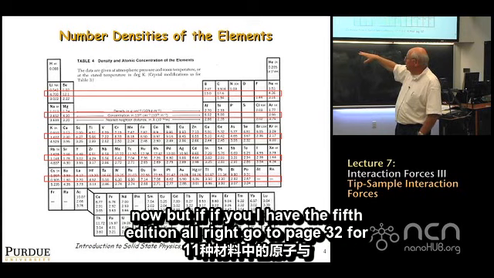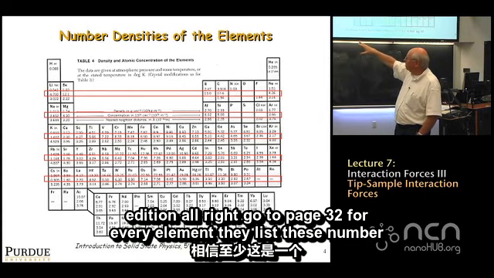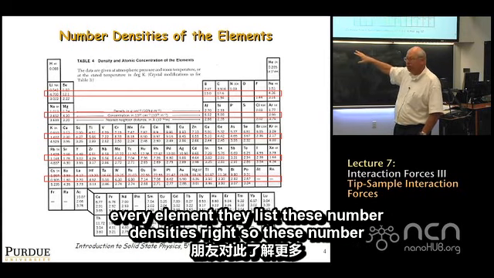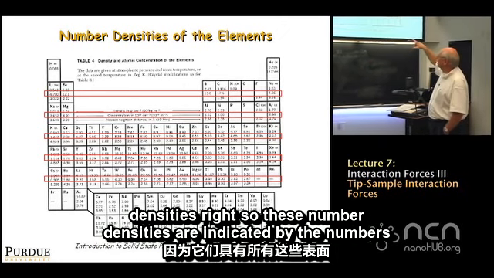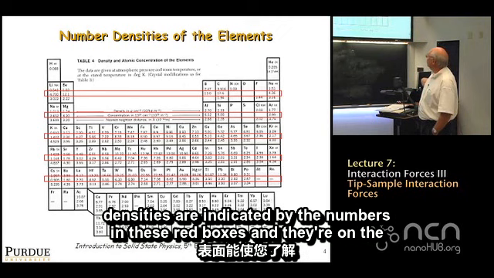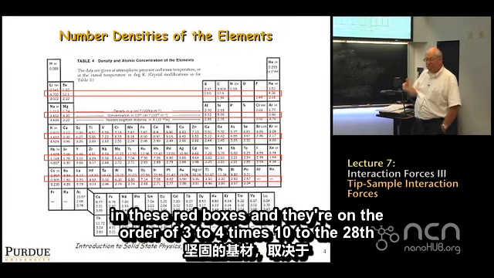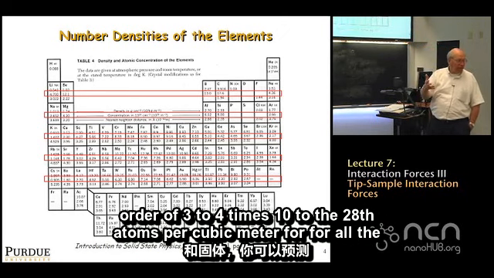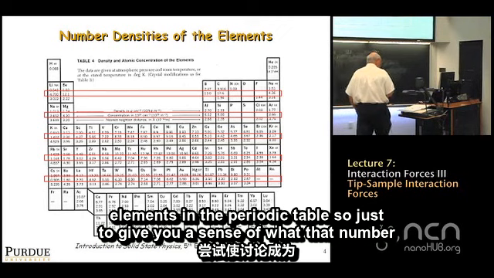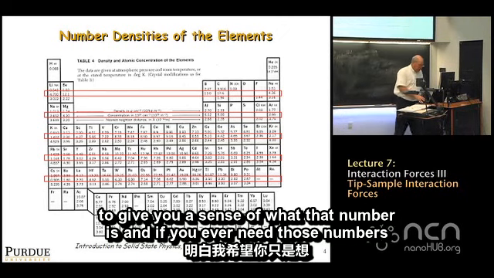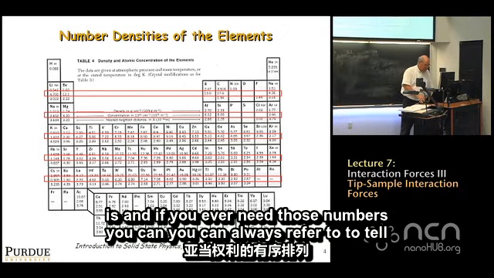On page 32, for every element, they list these number densities, indicated by the numbers in these red boxes. They're on the order of 3 to 4 times 10 to the 28th atoms per cubic meter for all the elements in the periodic table. If you ever need those numbers, you can always refer to Kittel.